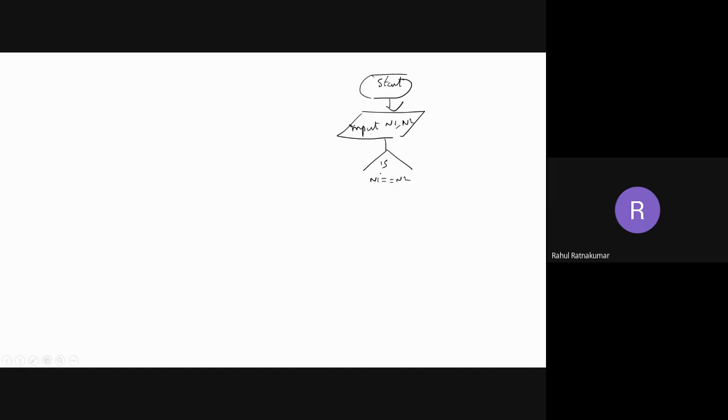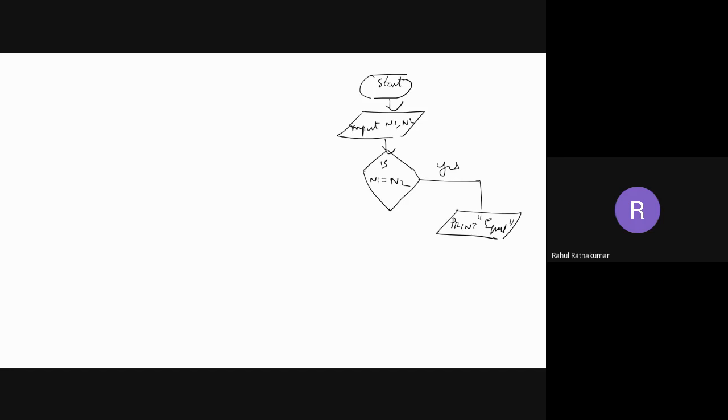You don't need multiple equal signs, a single one will also do. In C and other programming languages you may find this thing, but no need to worry. In a flowchart there are not many rules like this. Is n1 equal to n2? Immediately you are checking that they are equal. So if this is yes, you can immediately print equal. You can print that they are equal.